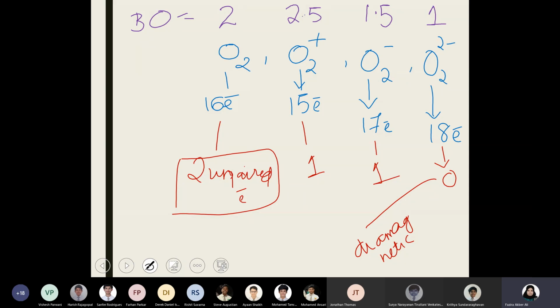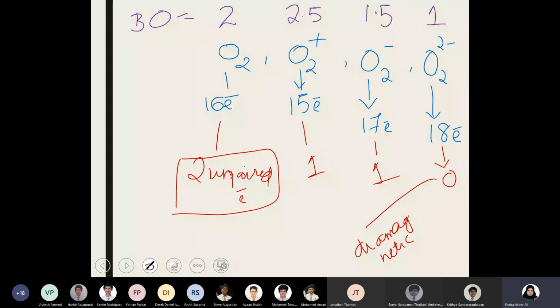But if you look into their magnetic properties, then O2 2 minus is diamagnetic and supposed to be more stable. So that means under different conditions, the same molecule can behave differently. That is what this MOT theory is explaining.